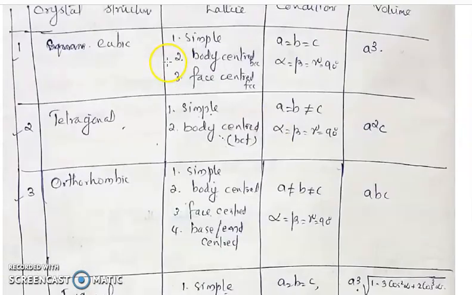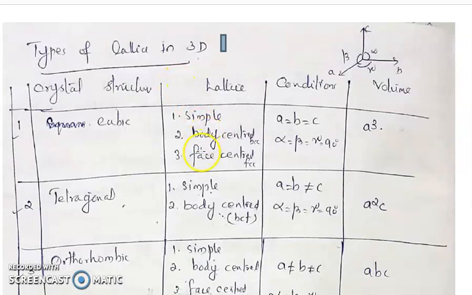So in the cubic structure, we have 3 types only: simple, body-centered cubic and face-centered cubic, and the conditions are that the crystal lattice translation vectors satisfy A equal to B equal to C. These are the 3 translation vectors, and you can see they are mutually perpendicular. Then we have the crystal angles, characterized by alpha, beta and gamma.